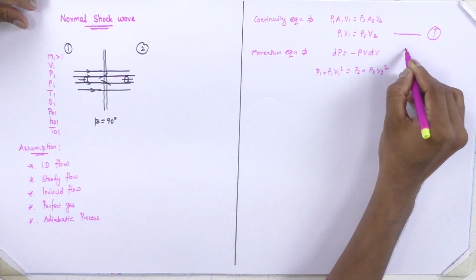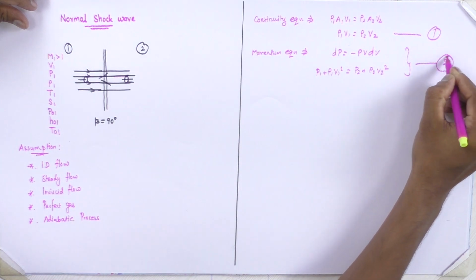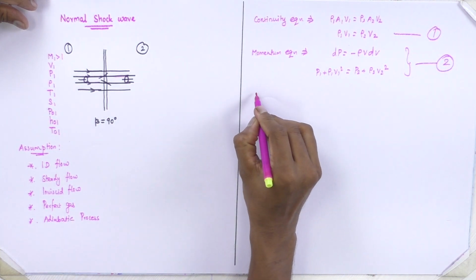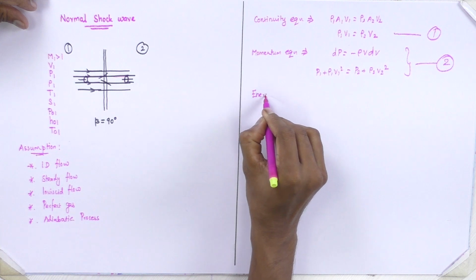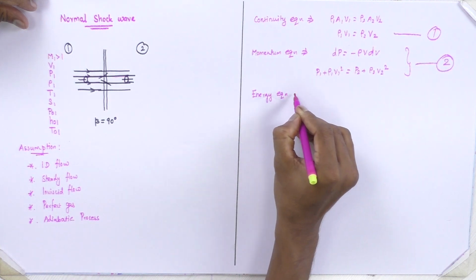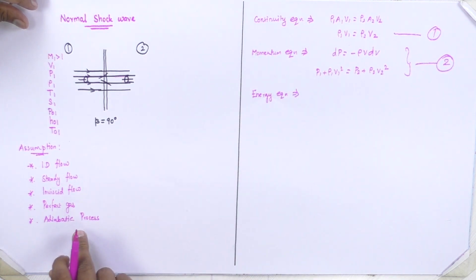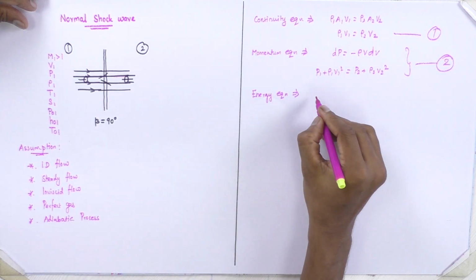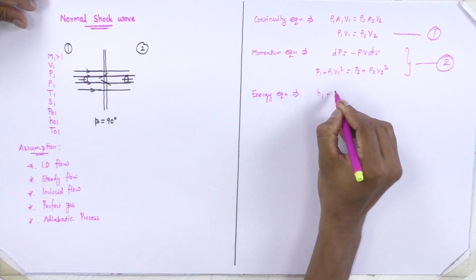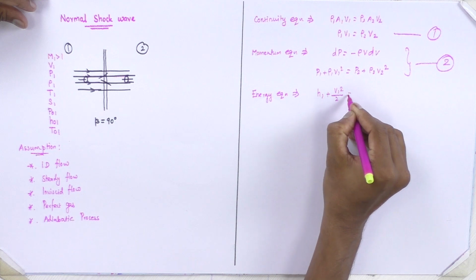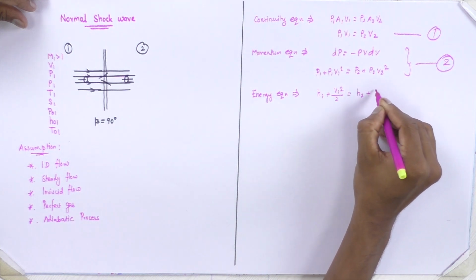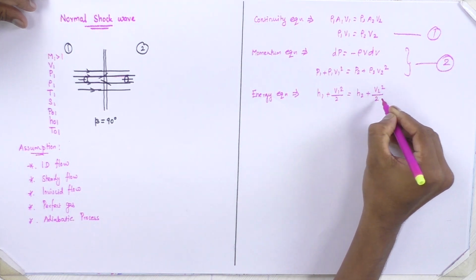Let's say this is equation number 2. Then we have the energy equation. For an adiabatic flow process, the energy equation can be written as H1 plus V1 square divided by 2 is equal to H2 plus V2 square divided by 2. So this is equal to constant.